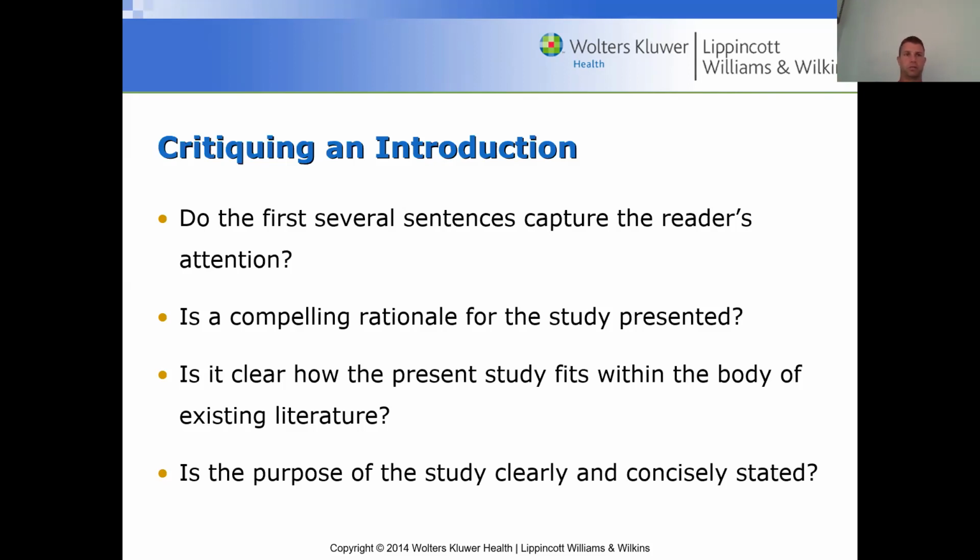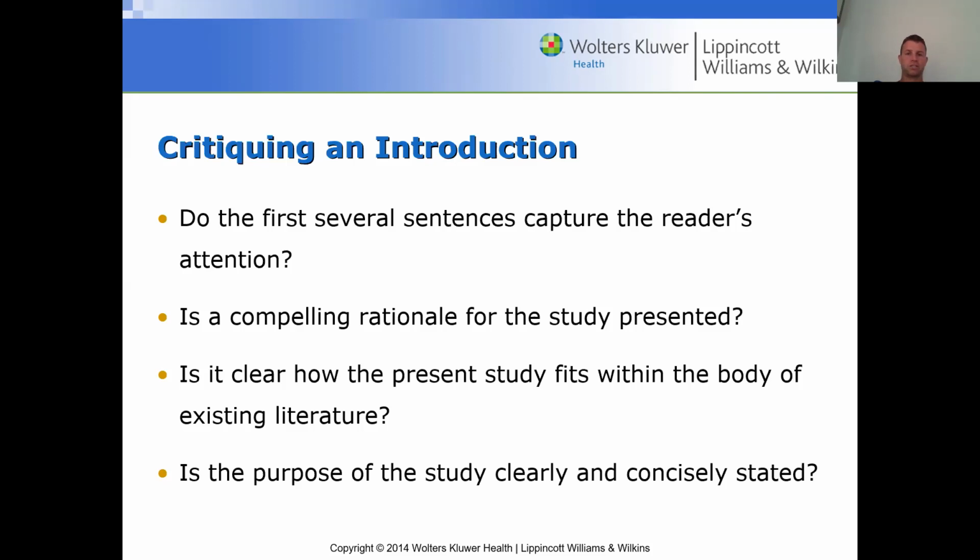I'm not writing it for somebody who just finished the 7 books of Harry Potter or the Lord of the Rings or incredible literary pieces of work that capture imagination. It's not the same thing of trying to get your attention, right? It's, do the first several sentences encompass what you're looking for? Is it like, okay, hey, this is what I'm looking for, this is what I'm trying to figure out?